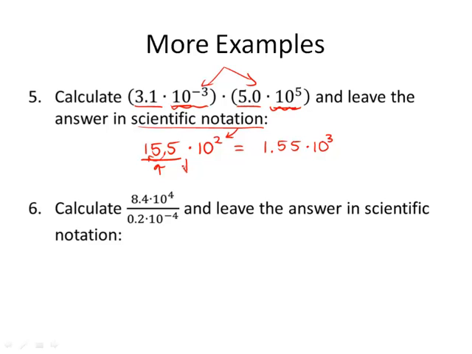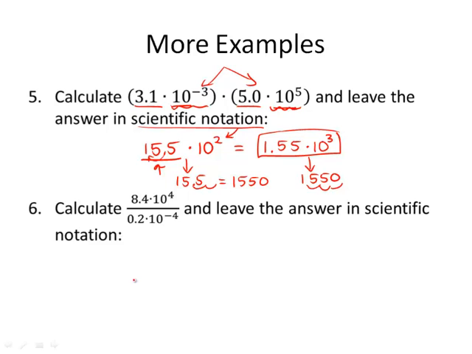Let's check if this would be the same thing. 15.5 times 10 to the 2, move it 2 places to the right, would be 1,550. And this would also be 1,550 if you moved it 3 places to the right. So you can just check on a smaller example to see if you're adding or subtracting in the right direction, but this would be the final answer here, 1.55 times 10 to the third.